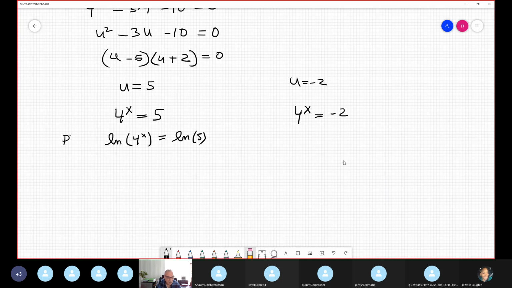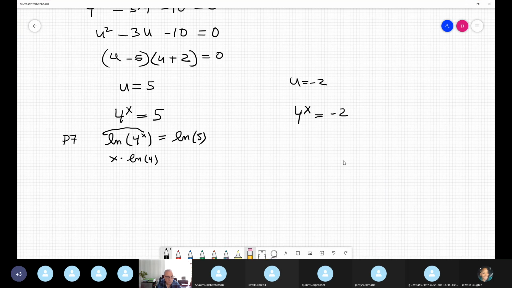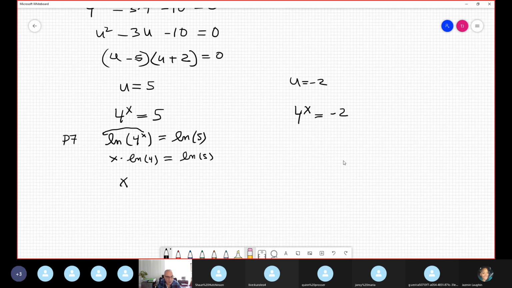One more time, you apply the famous property 7. This x goes to the front as a factor: x times ln of 4 equal ln of 5. Divide both sides by ln of 4, x is equal to ln of 5 divided by ln of 4.